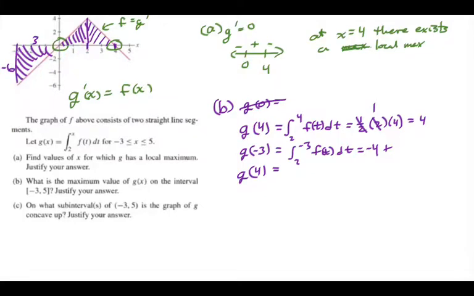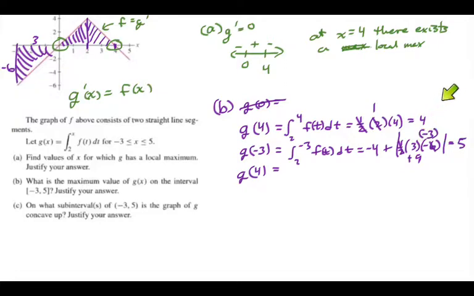So it's 1/2 times base 3 times -6, but I know it's going to be a positive answer. 1/2 of -6 is -3, and -3 times 3 is -9, but I know it's going to be positive. Maybe I should put absolute value bars right here to make sure it's positive. So when I add those two together, -4 and 9, that equals 5.